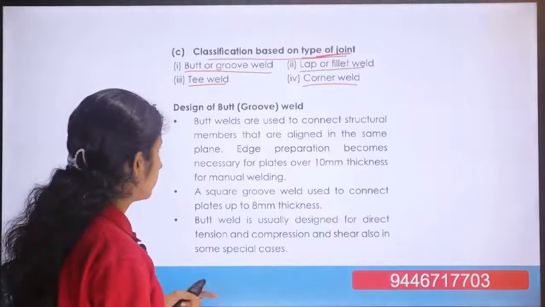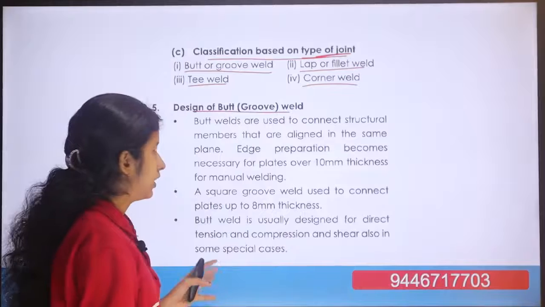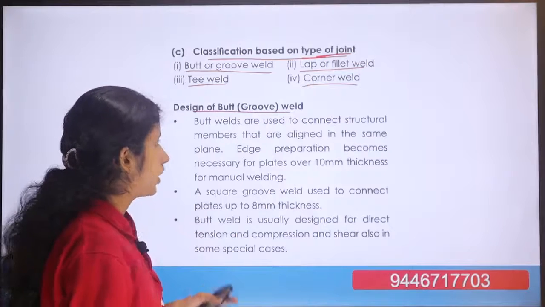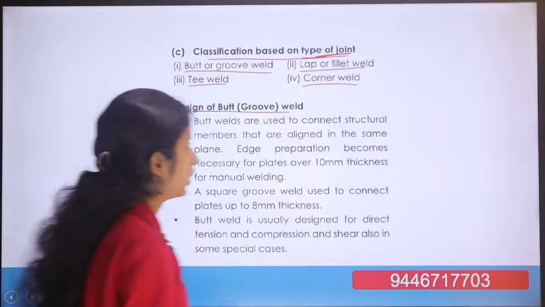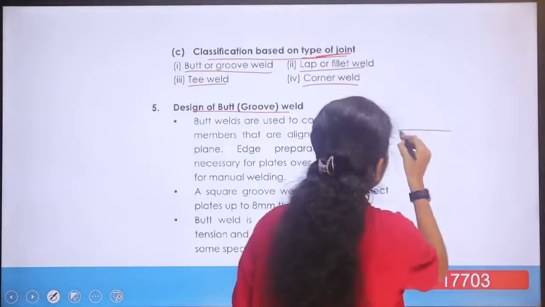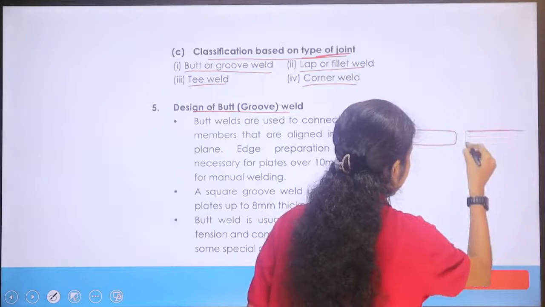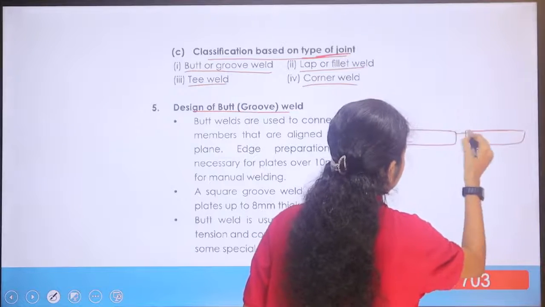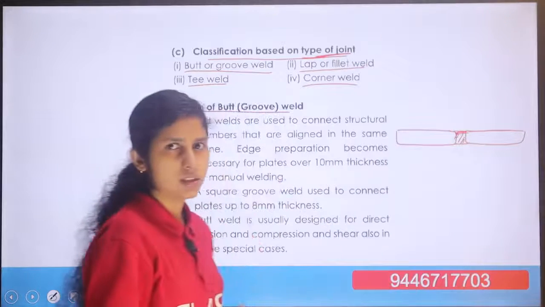So the next topic is the design of butt or groove weld. Butt welds are used to connect structural members that are aligned in the same plane. So we use butt weld if the plates to be connected are in the same plane.